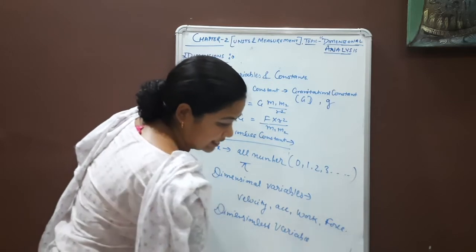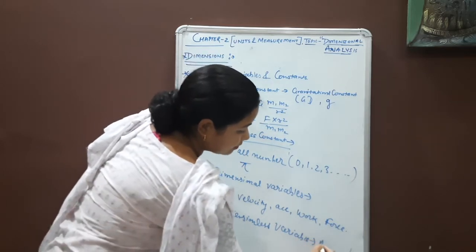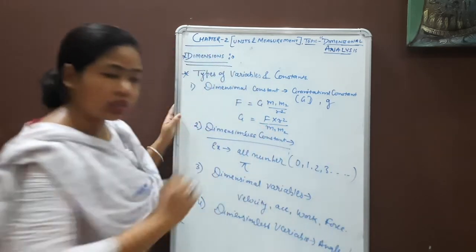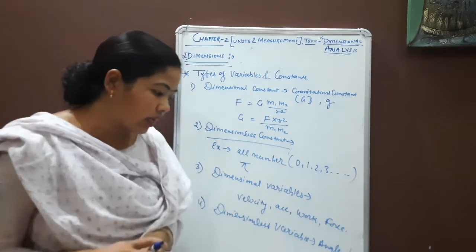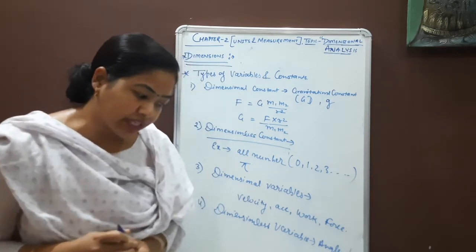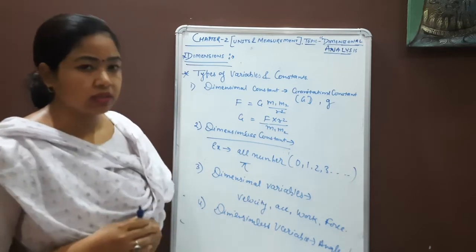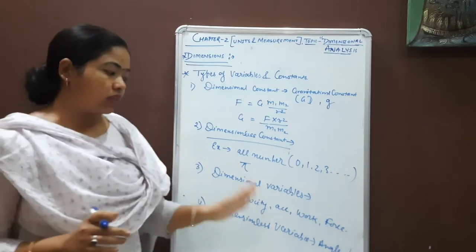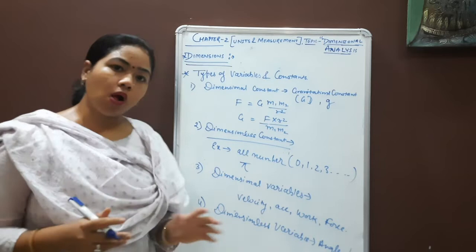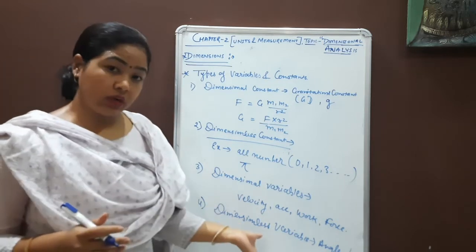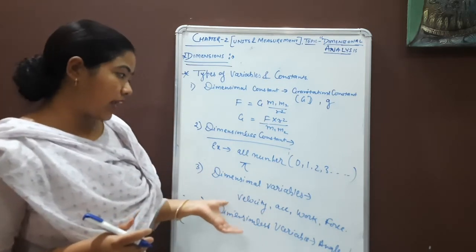Likewise, we can say that angle is in this category. Specific gravity, stress and strain are also in this category. All these types of physical quantities are in this category.